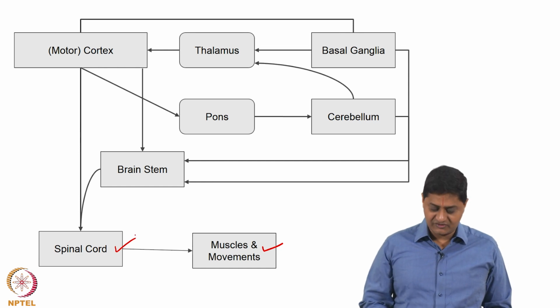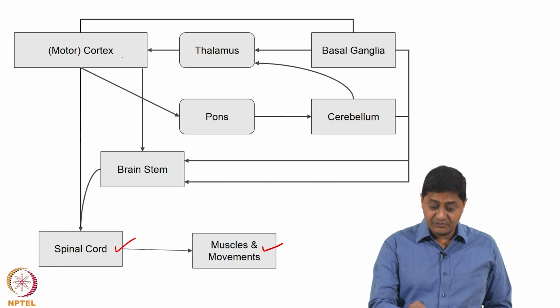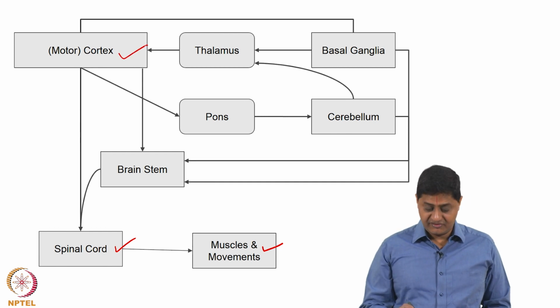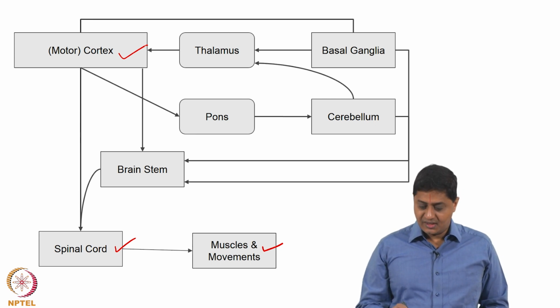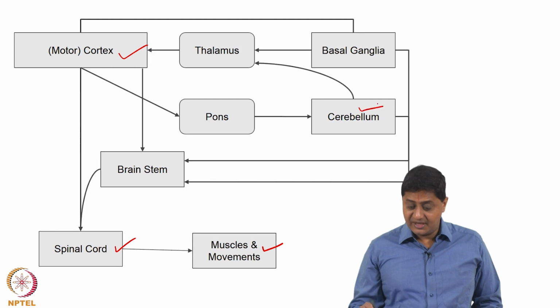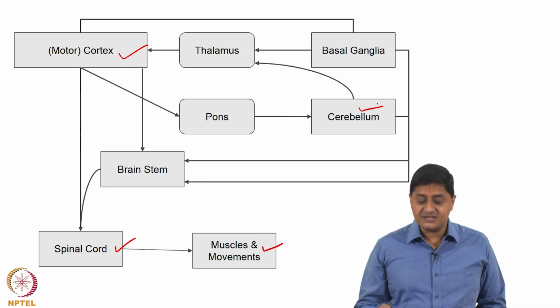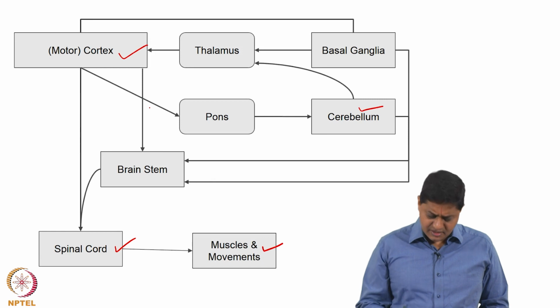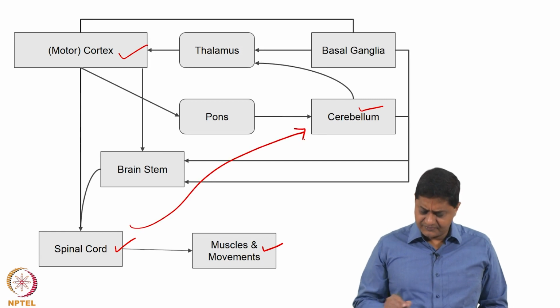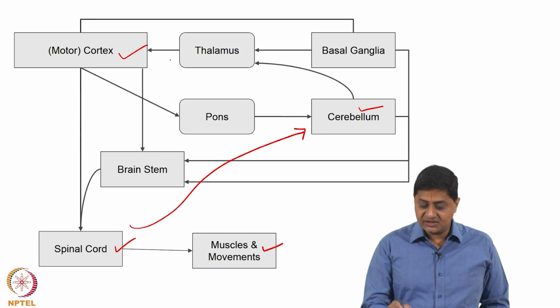We have discussed the role of spinal cord in that. We have discussed motor cortex and the role of motor cortex in regulating the input to the spinal cord, and we have discussed the role of cerebellum, which receives input from the cortex and from the spinal cord, etc., and outputs to the motor cortex via thalamus.